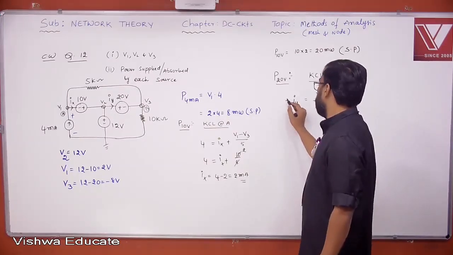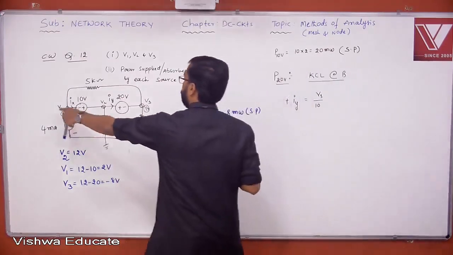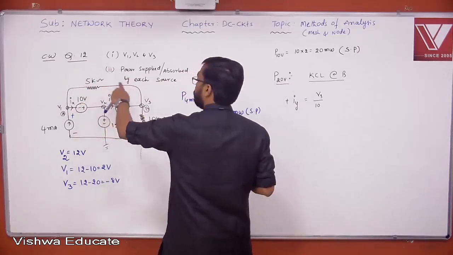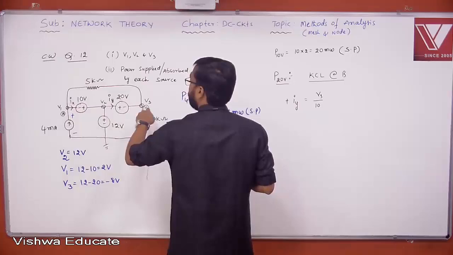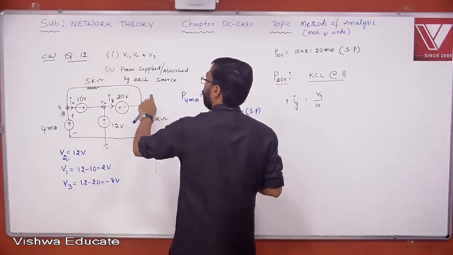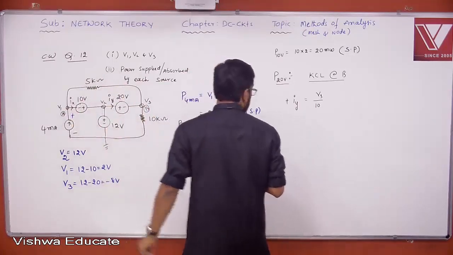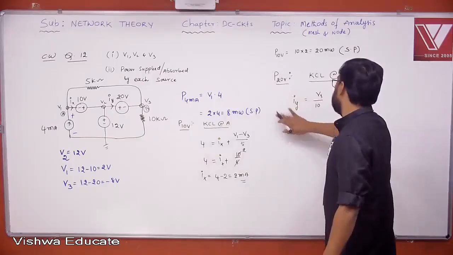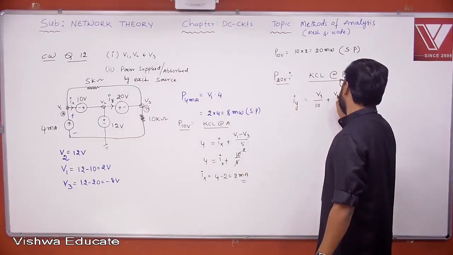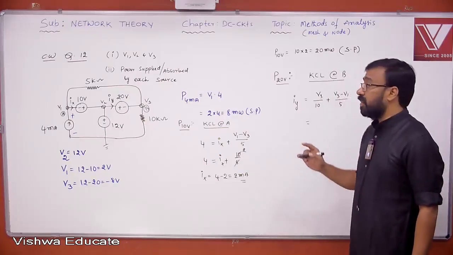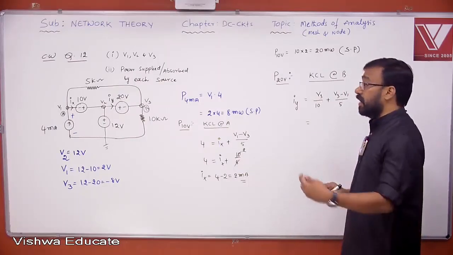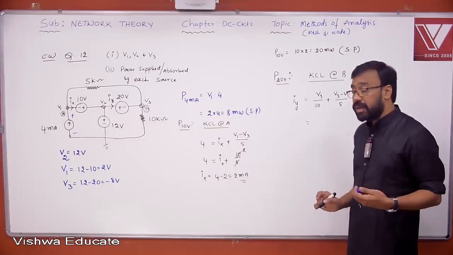Now, V1 minus V3 by 5 is entering for this node, leaving for the other node. Or else you can take V3 minus V1 by 5. That is also okay, right? V3 minus V1 by 5. V3 by 10 is leaving. V3 minus V1 by 5 is also leaving, but IY is entering as far as node B is concerned, right?